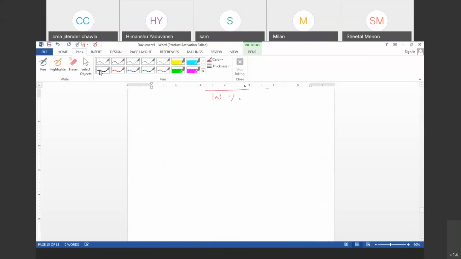I'm using the same question with the proportional method. Elasticity of demand equals delta Q by delta P into P over Q. What is the change in quantity? It is 25, a decrease due to the increase in price, into initial price P0.